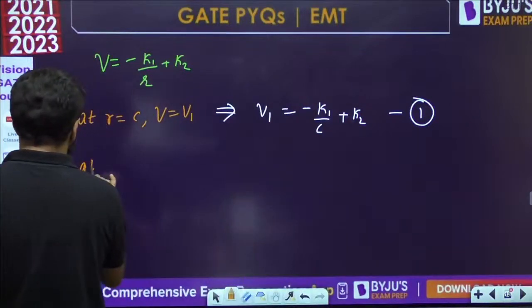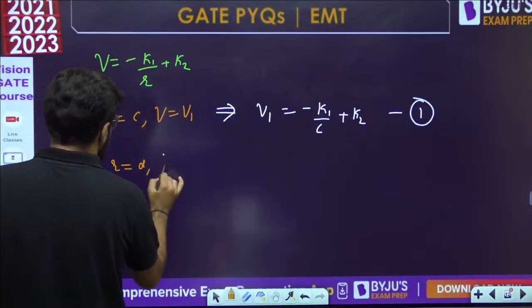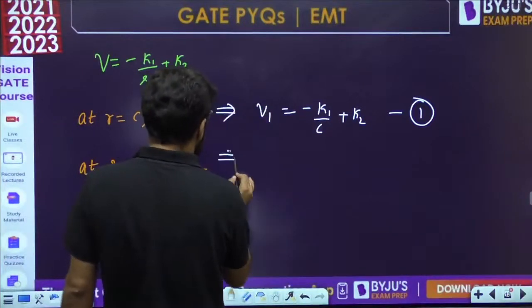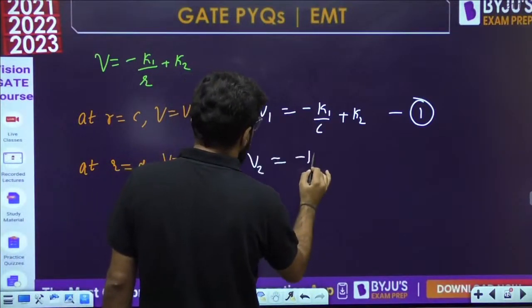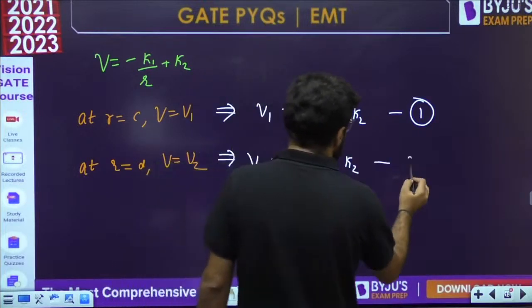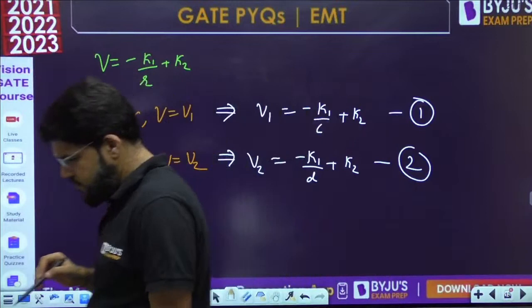Similarly, at the radius of D, the potential is equal to V2. So if I substitute this, I have V2 equal to minus K1 divided by D plus K2. That is my second equation.